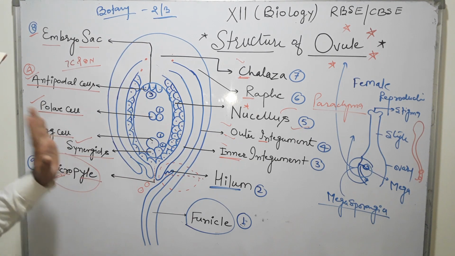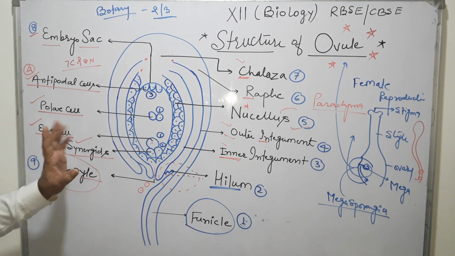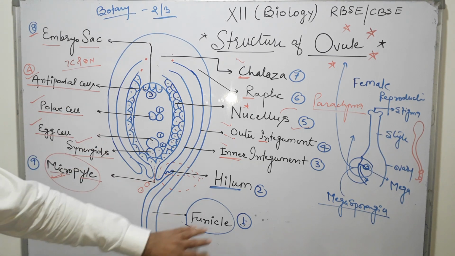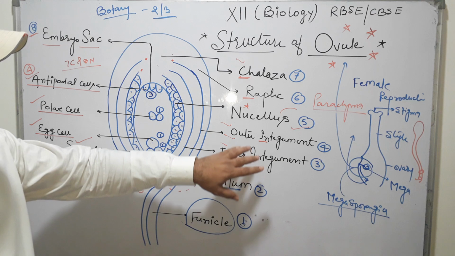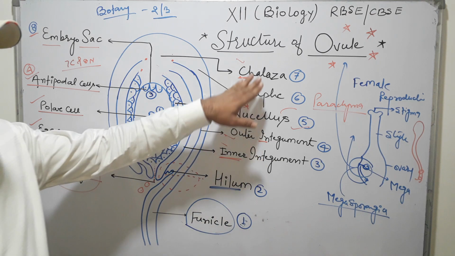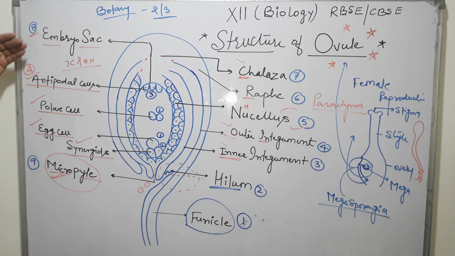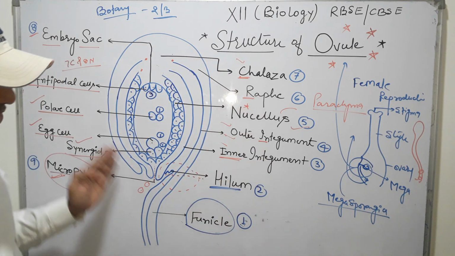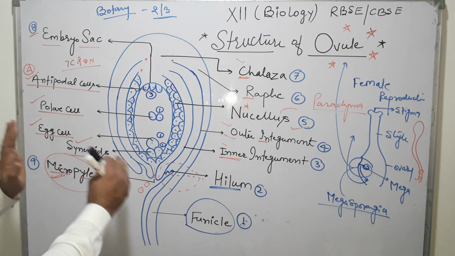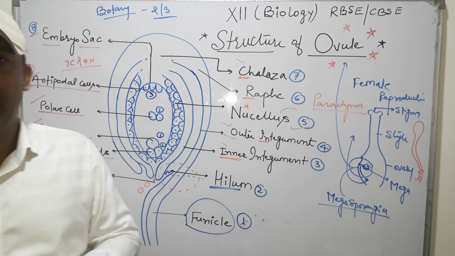It is the first condition. Now the following total 9 parts of ovule, again repeat: the funicle, hilum, inner integument, outer integument, nucellus, raphe, chalaza, embryo sac, and then micropyle. Clear? And the function of these parts is already explained. So it is the structure of the ovule in an angiosperm plant.